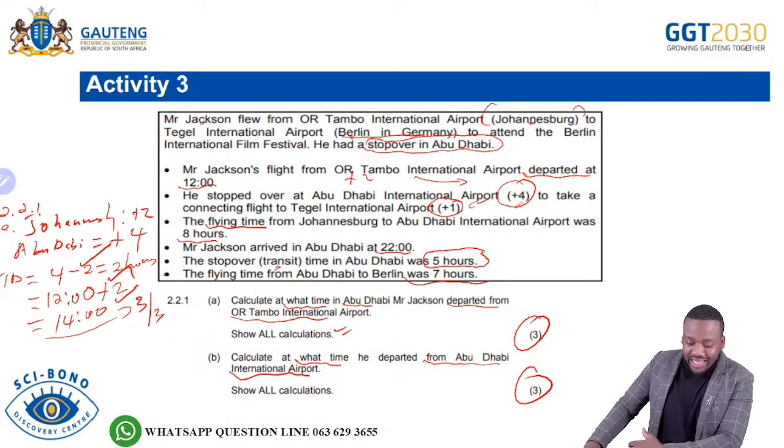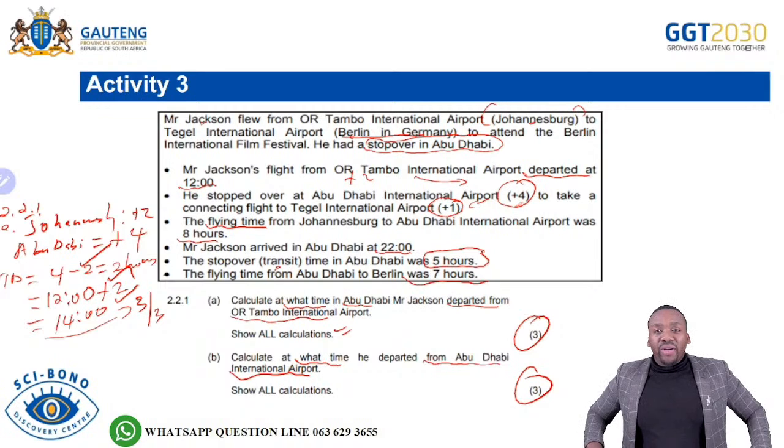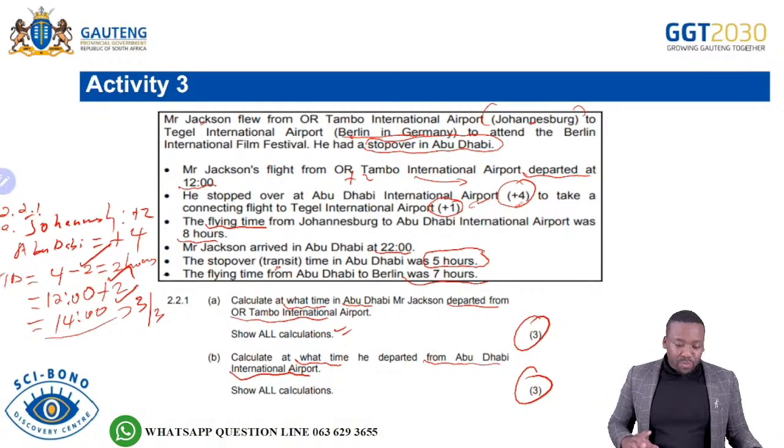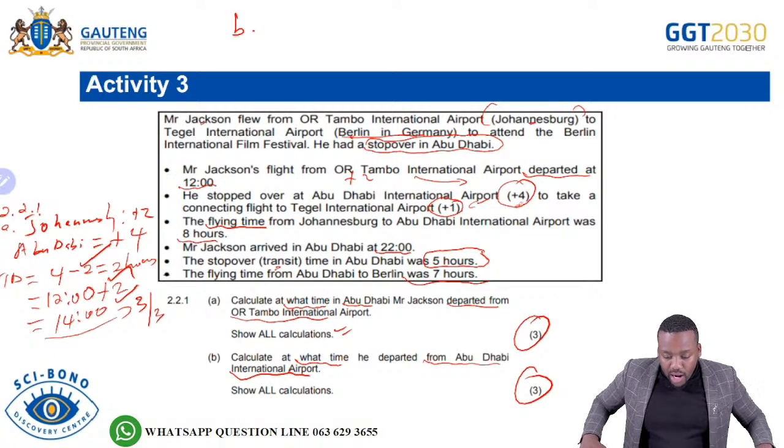Right. Let's check now this one. It is Newton Konyen here. We are busy with tourism and doing time zone calculations. We just did our first question. Now we are moving to B. Calculate at what time he departed from Abu Dhabi International Airport.